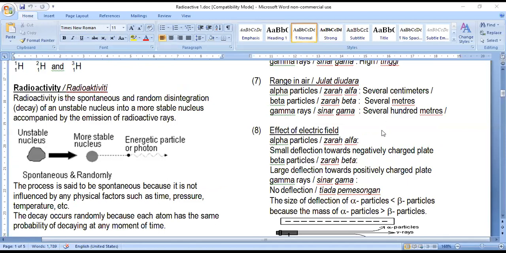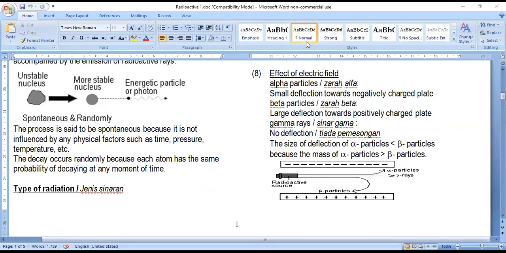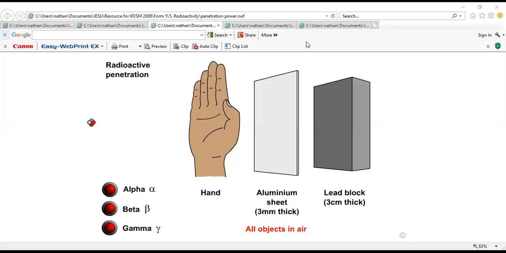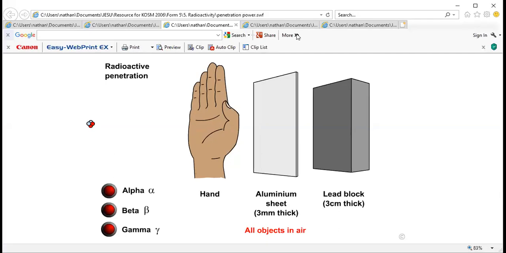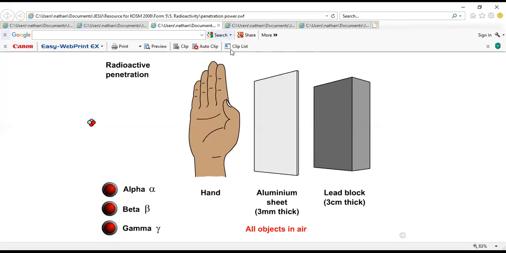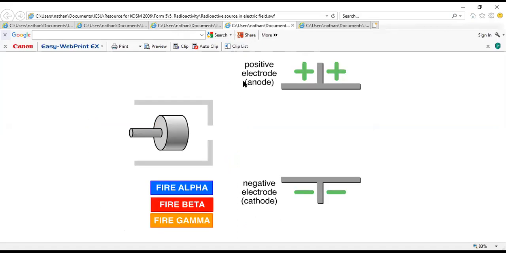Now, effect of electric field. So let's say you have an electric field.